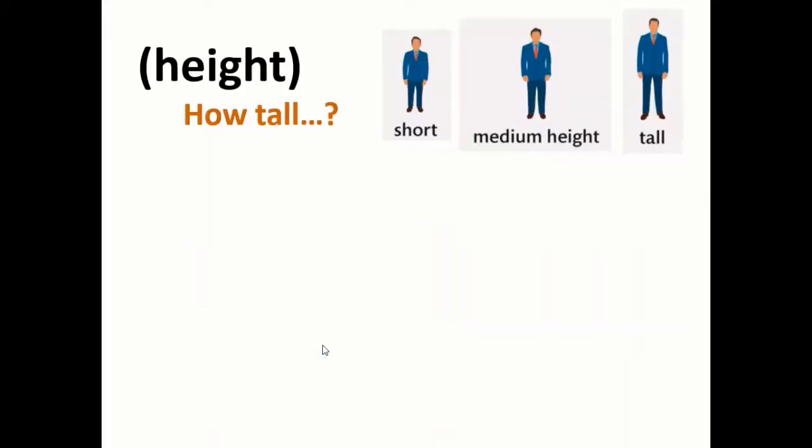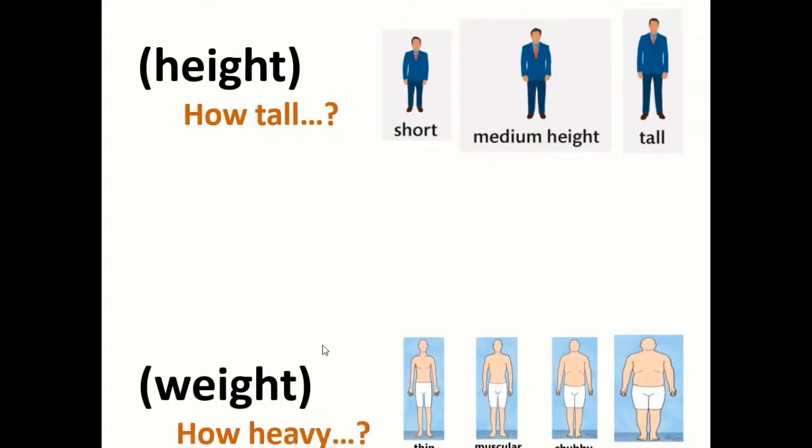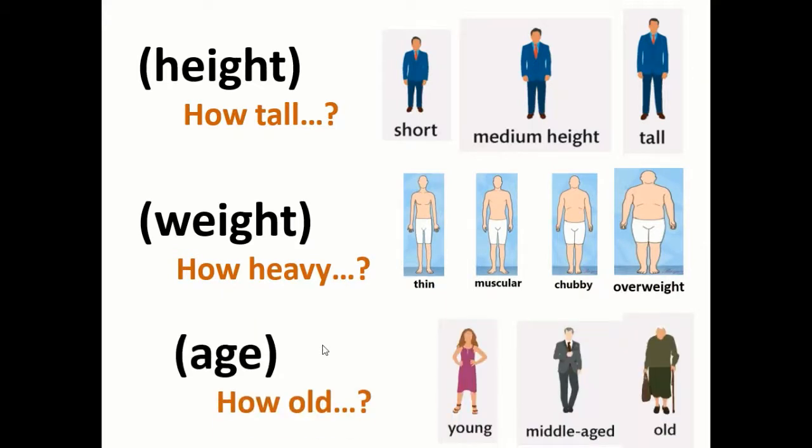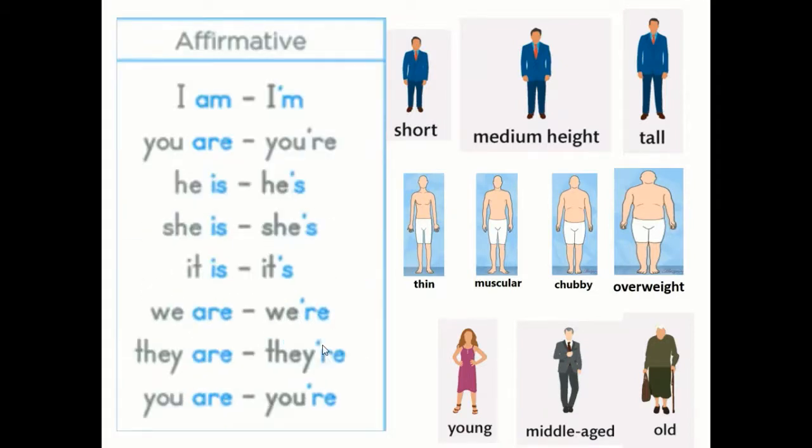For instance, we use the verb to be to describe height, weight, and the age of a person. Let's say some examples. I am medium height.